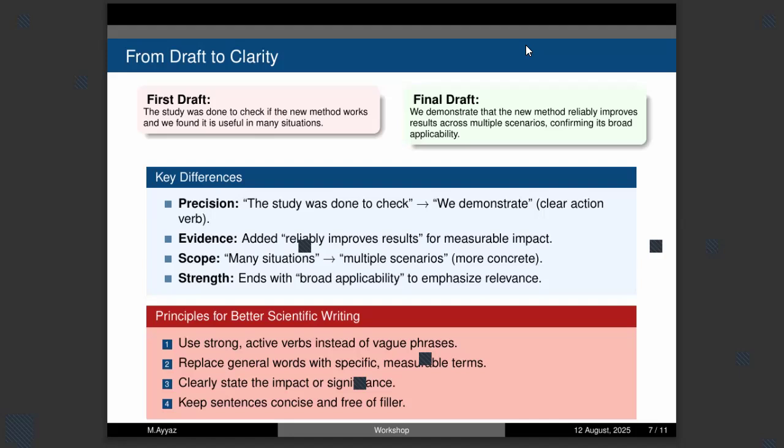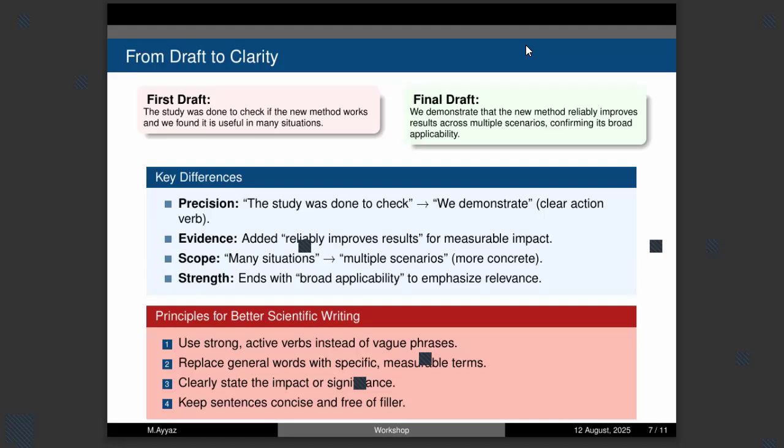So this sentence gives a more confident view of our study, and it is not as shaky as the previous sentence. There are four generic principles that we can use in scientific writing to make our first draft clearer.